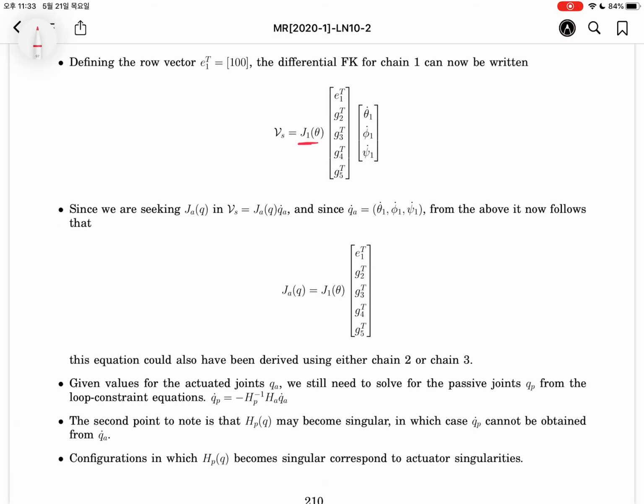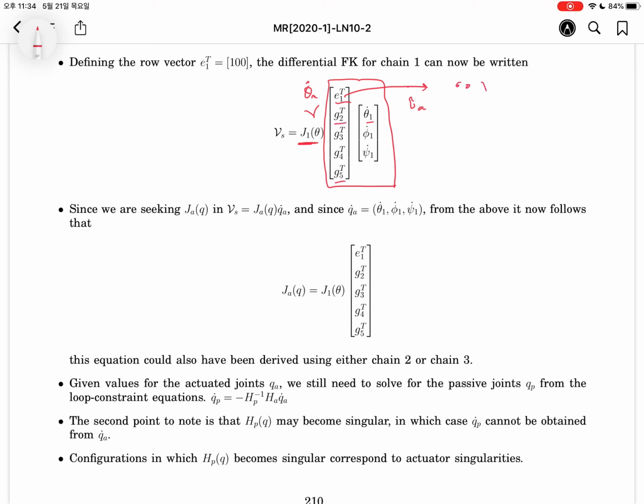So J1 times theta dot as a five-dimensional vector, theta 1 through theta 5. This theta dot can be chosen using the qA. The first element is the qA dot. Maybe this one is 0, 0, 1, okay?